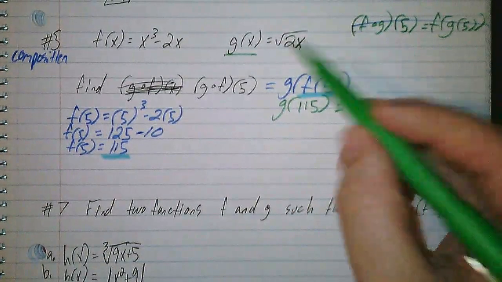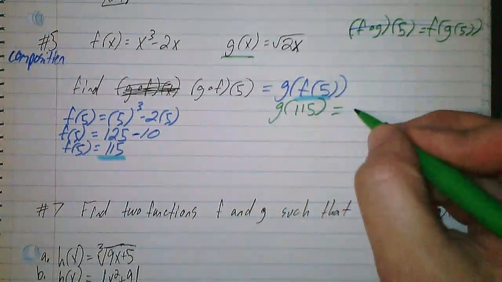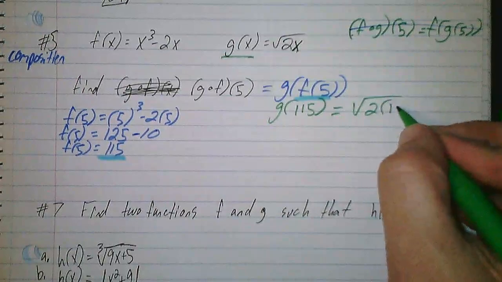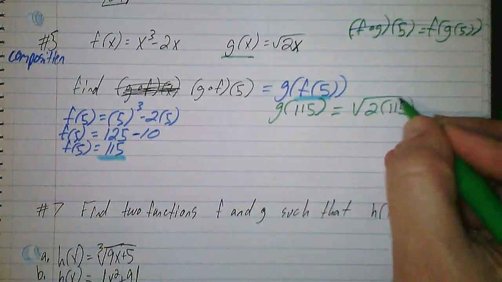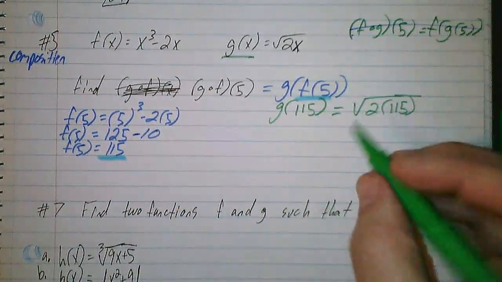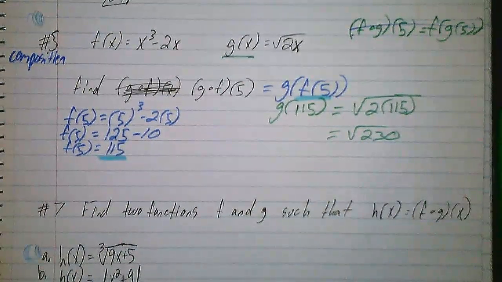So wherever we see an x, we replace it with 115. Two times 115 is the square root of 230.